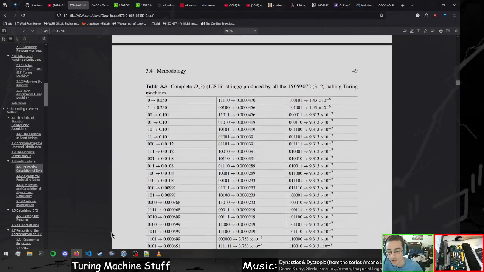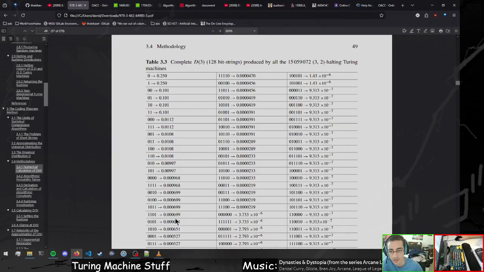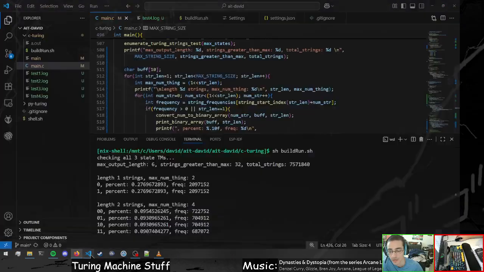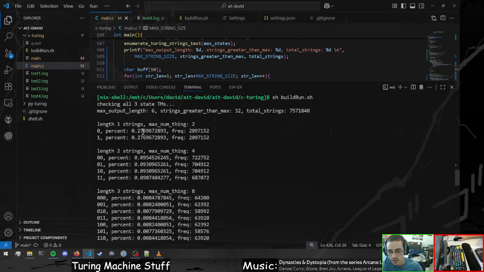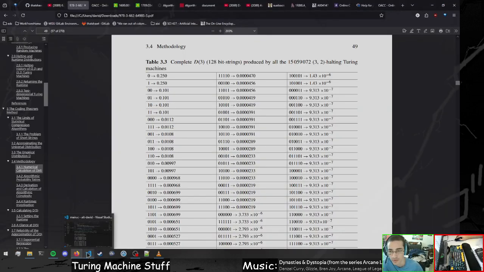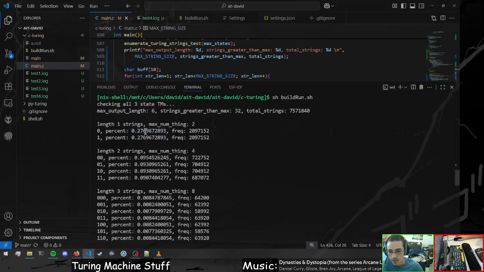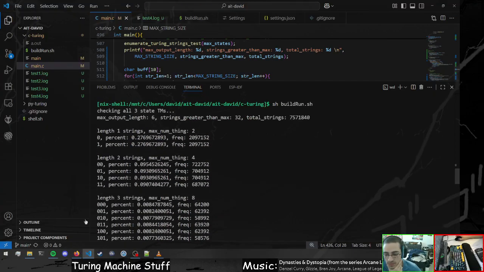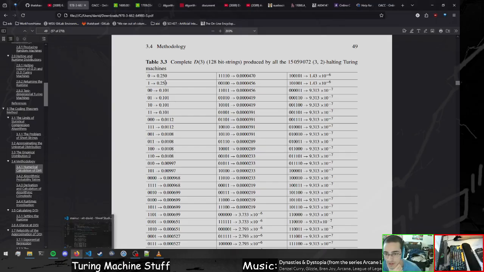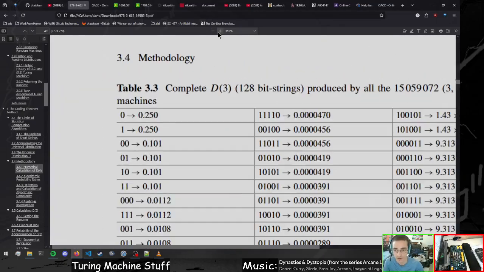So I was looking to reproduce this table, and I've gotten pretty close. It's still not correct, my numbers still aren't the same as what they got in the paper, but it's pretty close, off by just a little bit.